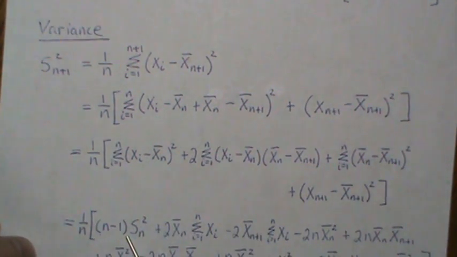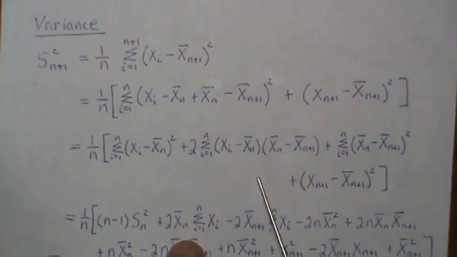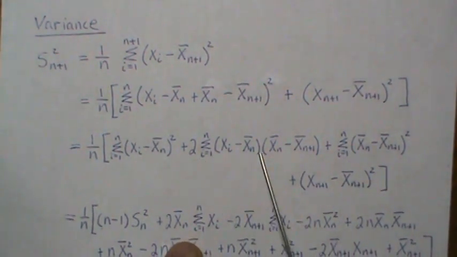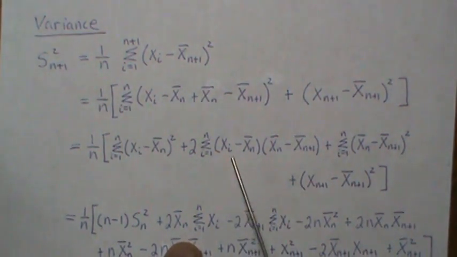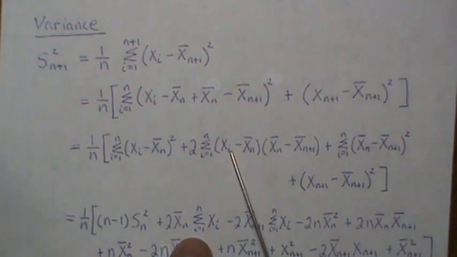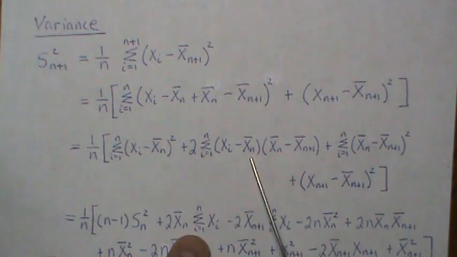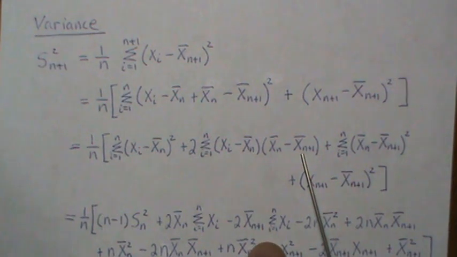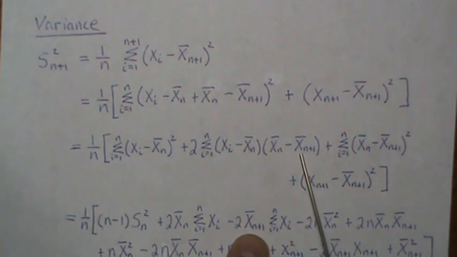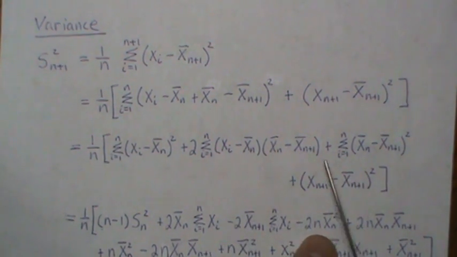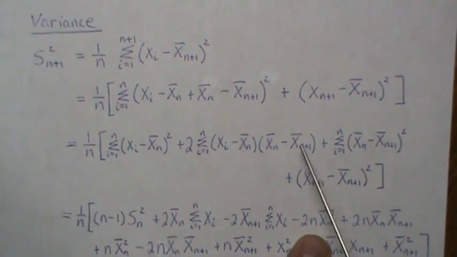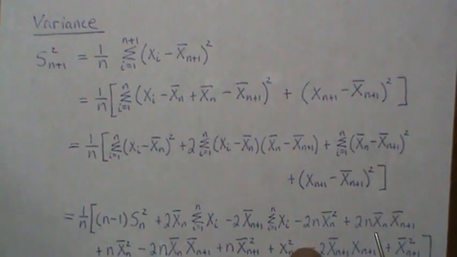So this can be written as n minus 1 times that sample variance. And then here we just multiply this together. So we get xi times the mean, times the sum, which is this term, x n plus 1, and then this term, and then that term. Right?